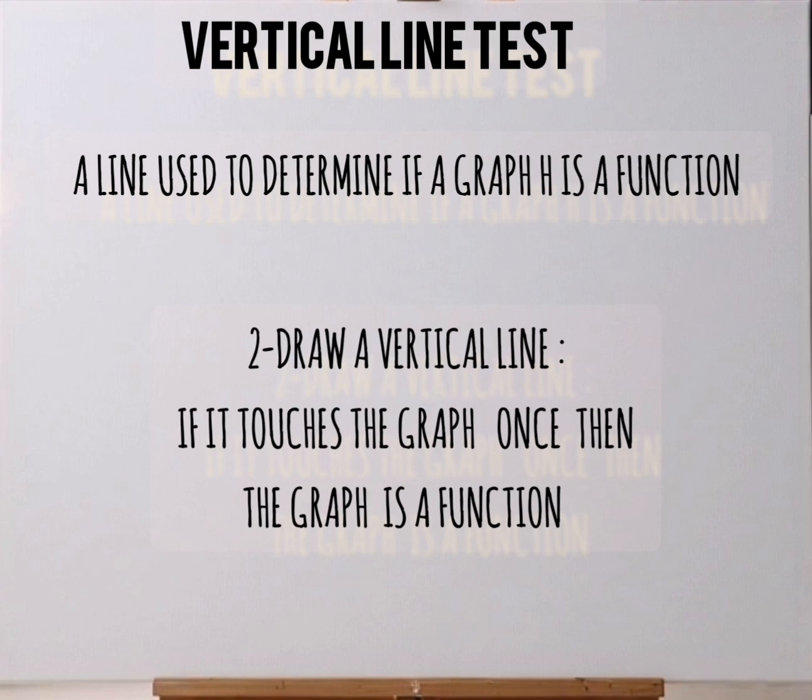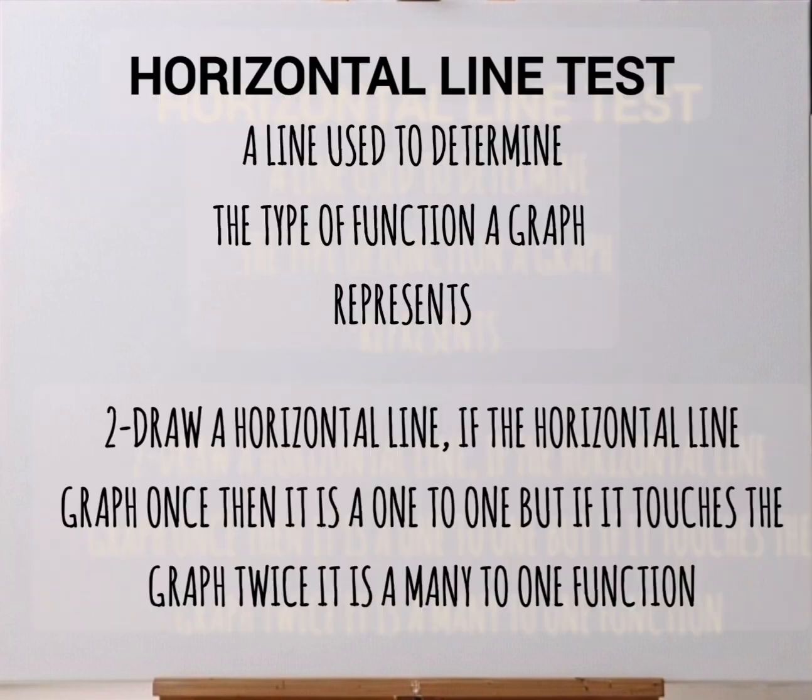I don't know if you understand that. It's very important. We also have a horizontal line test. It is a line that is used to determine the type of function a graph represents. This one doesn't determine if a graph is a function, but it determines the type of function a graph might be representing. To use a horizontal line test, you just draw a horizontal line.